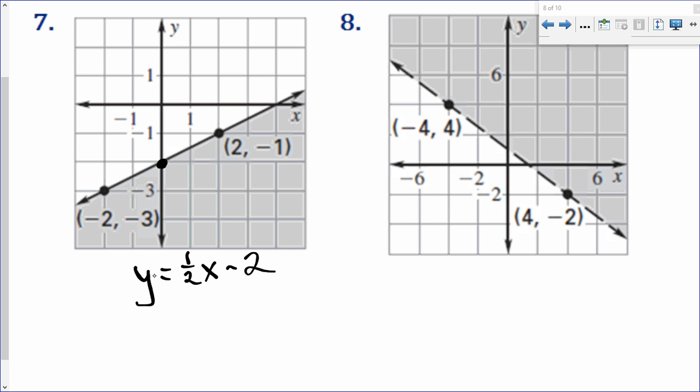Now, I can't keep this as an equal sign, though. I'm going to have to rewrite that so it's a greater than, less than, or equal to. Since we have a solid line, that's something to notice. That means I need to have that equal to along with my inequality symbol.